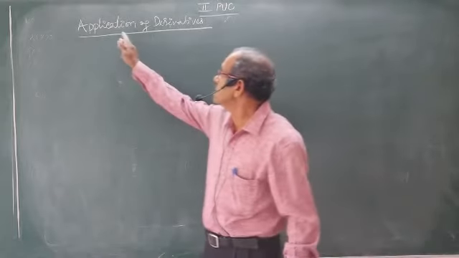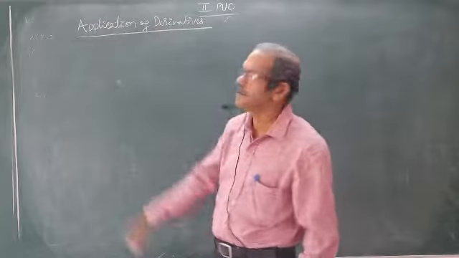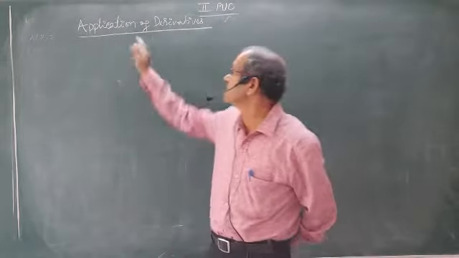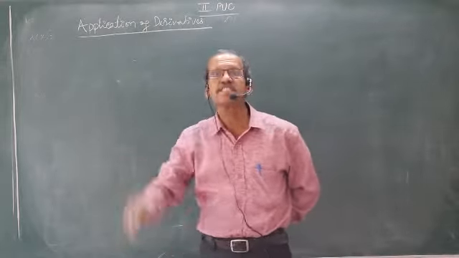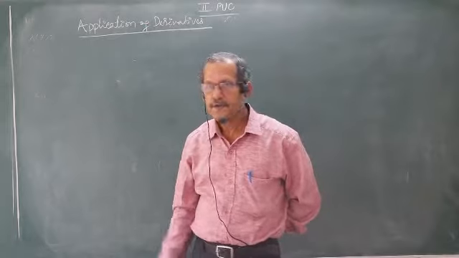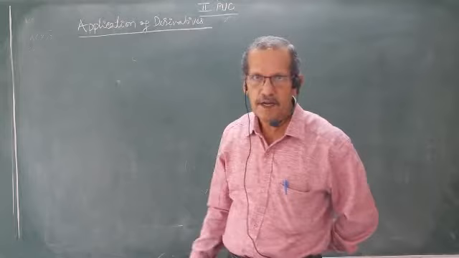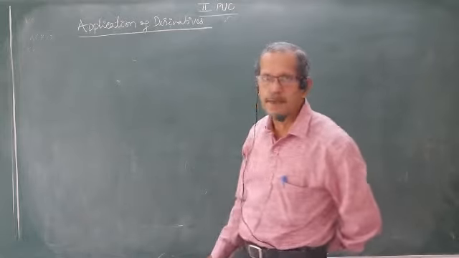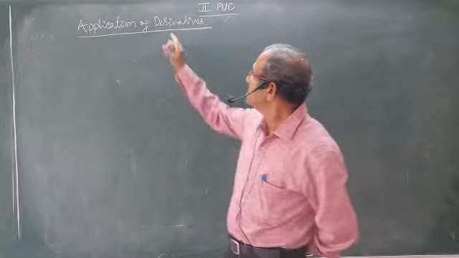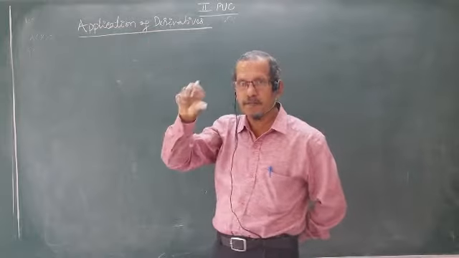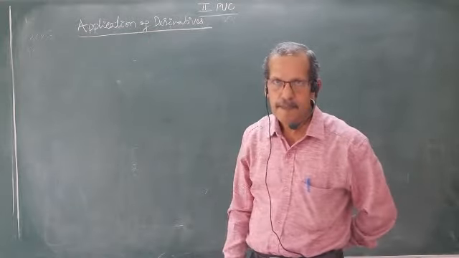Actually, you will not find any subject without this derivative. We use this differential coefficient or derivative in all subjects, physics, chemistry or whatever the subject may be. This particular derivative term is essential.